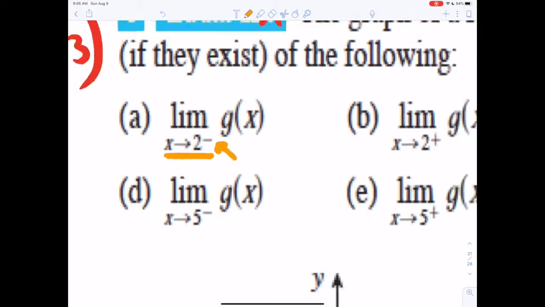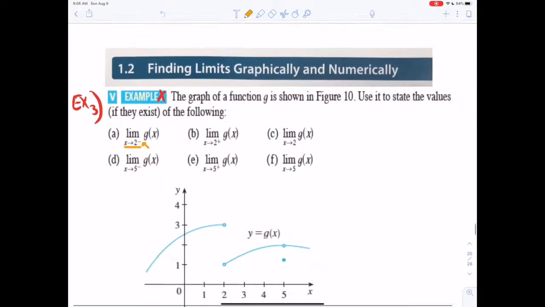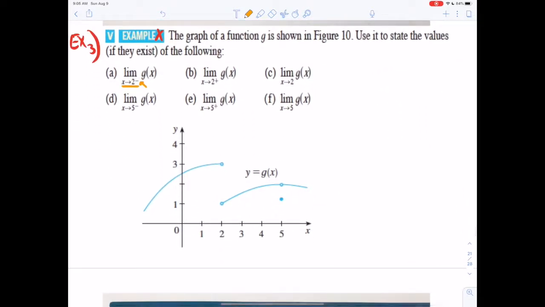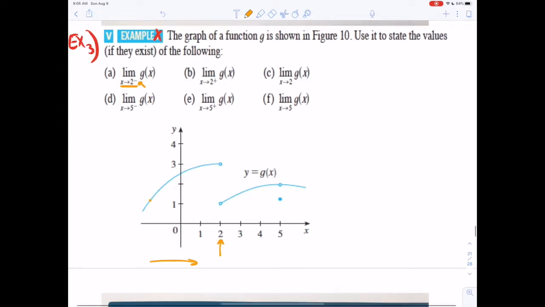Okay? That means from the left. So here is 2. So we want to approach the graph from the left of 2. So from the left of 2, we're on this blue graph right here heading this way. Okay? If you wanted to approach 2 from the right, you would be going this way.